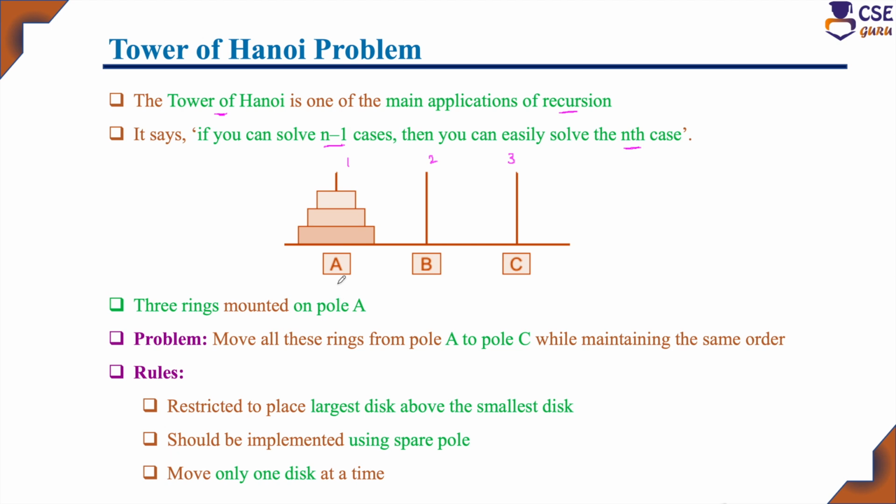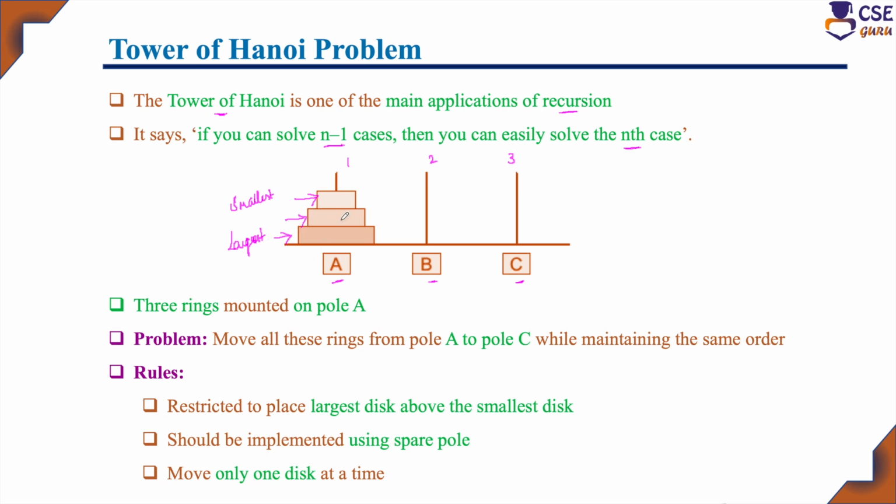And what is this Tower of Hanoi problem? There will be three poles, pole A, pole B and pole C. Initially, there will be three rings placed in pole A. The largest ring will be placed at the bottom and the smallest one at the top. The middle is the next largest ring.